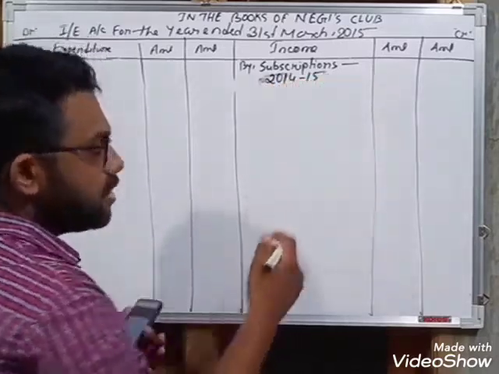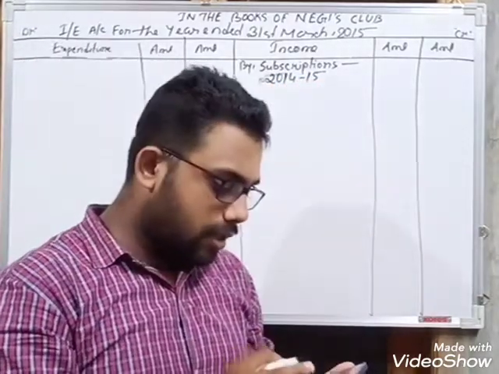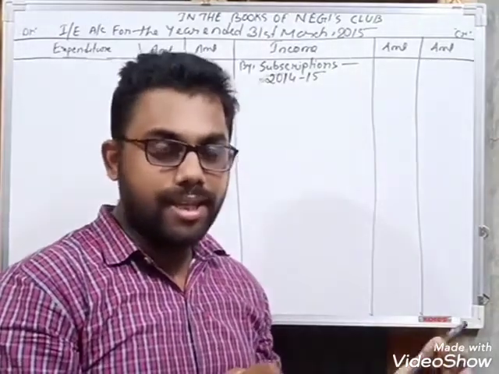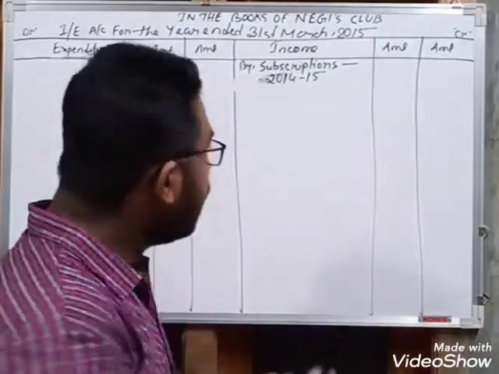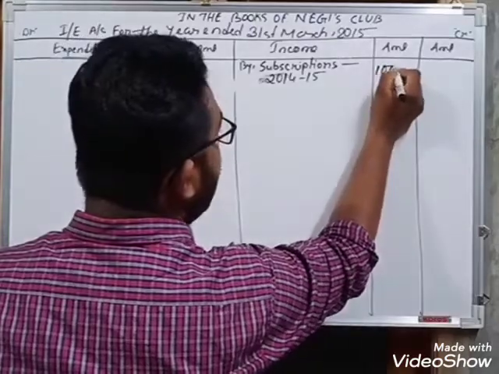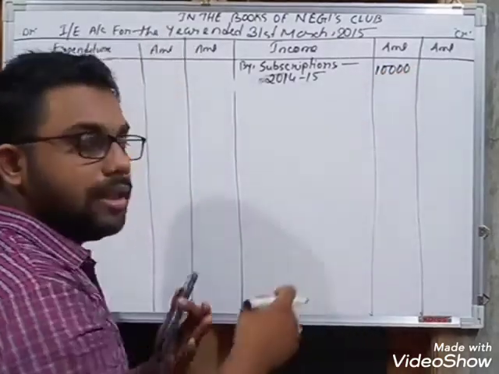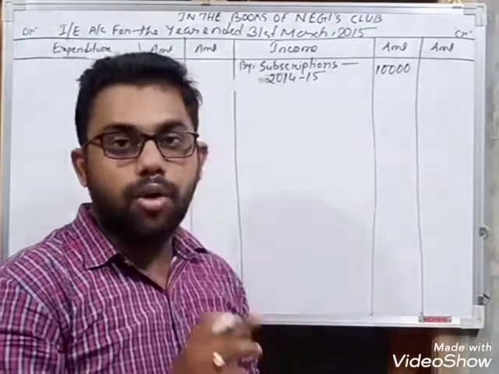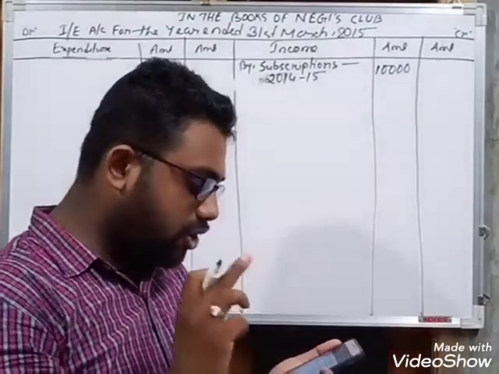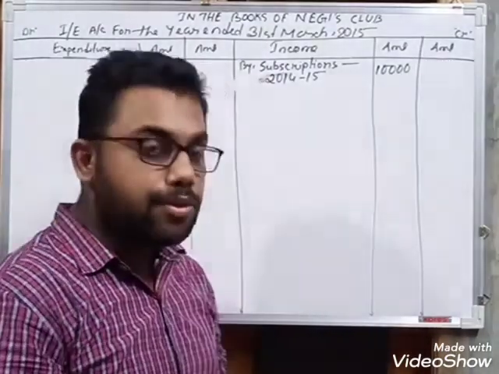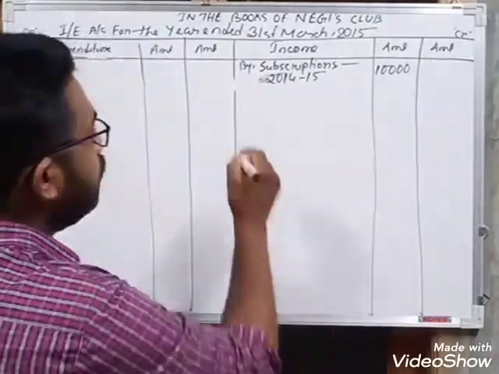I think there is some printing mistake in the question. They have to write 2014-15, instead they have written only 2014, and the amount is rupees 10,000. Why have I written it in the inner column? Because with subscription there is one adjustment, and that is adjustment number 4.